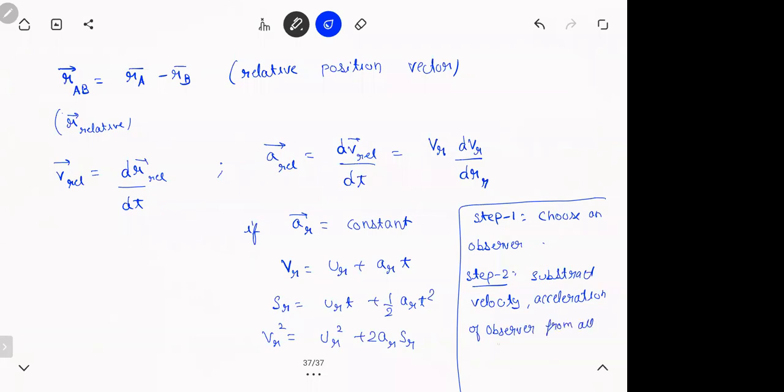From all. Step 3, use the formulas. So the entire problem becomes as if it's your kinematics, 1D, projectile, everything, whatever you did so far, you can use everything. Let me give you a few problems as examples so you get a better idea about it.